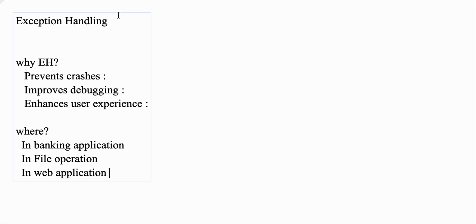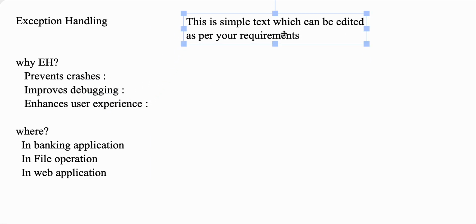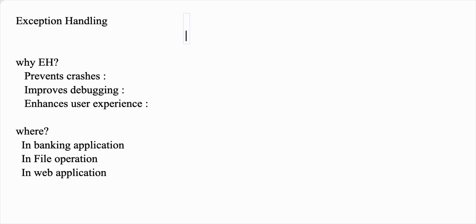So now we need to check when to use it basically. Whenever there is a potential for runtime errors, we can use exception handling, such as dividing by 0.